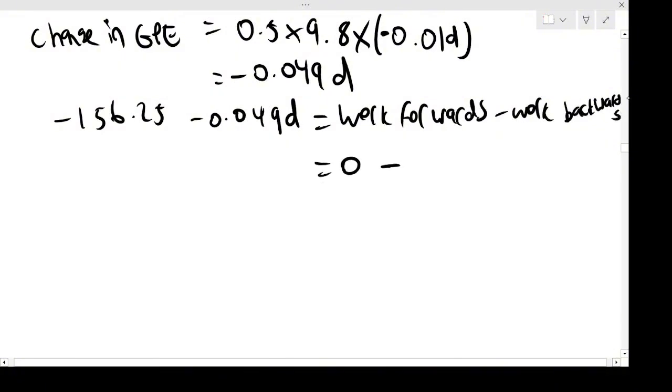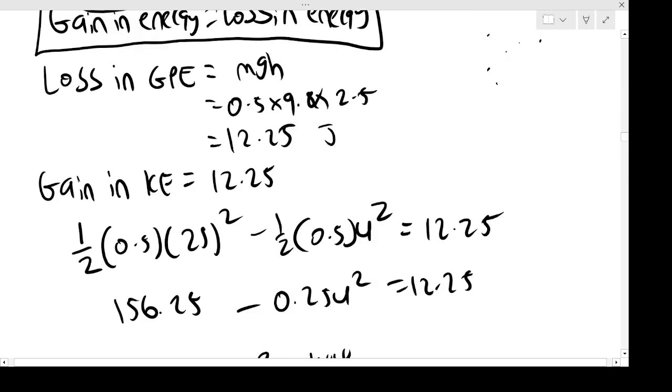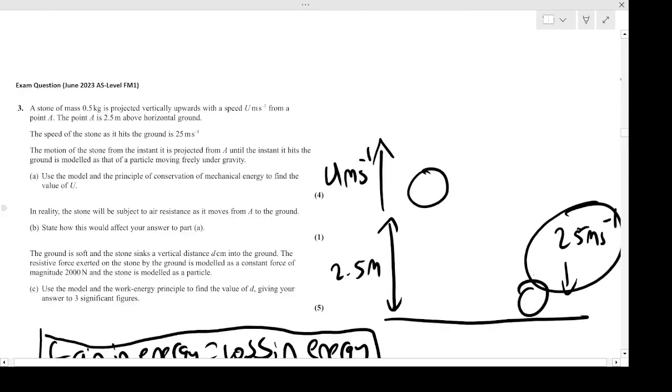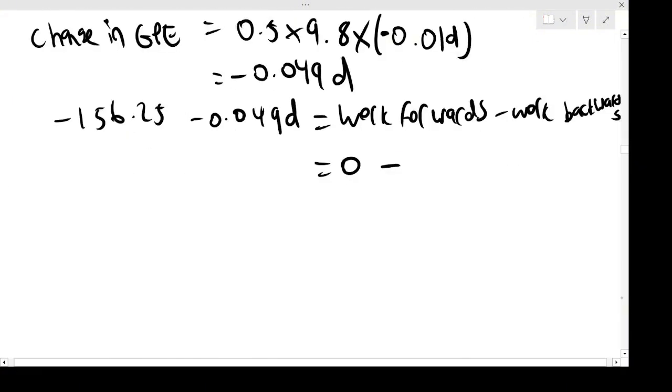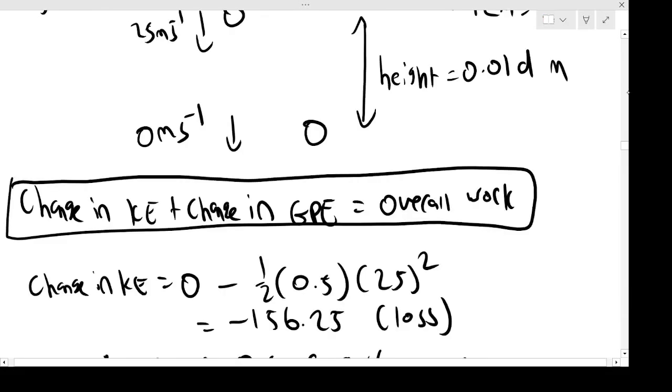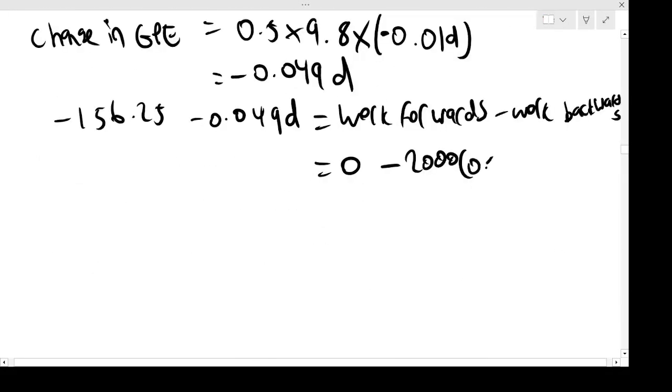And then the work backwards, well, we do have a resistive force, so that's backwards. So that's going to be force times distance. So the resistive force is 2000 newtons, and again the distance is the same, 0.01d.